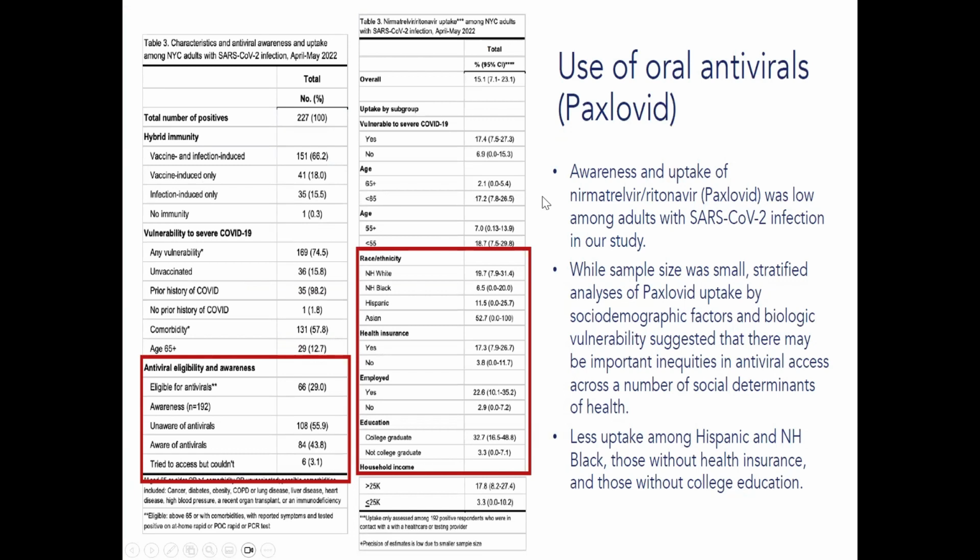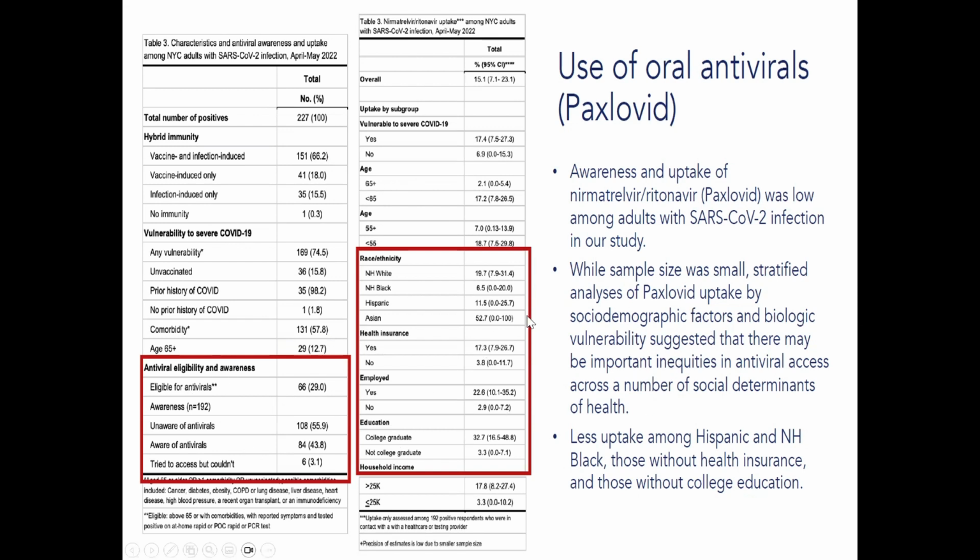This survey was also able to assess the use of oral antivirals. First, they assessed whether respondents were aware of a medication that could be used to lower the risk of mortality and hospitalization, and you can see the awareness is very low in this sample.